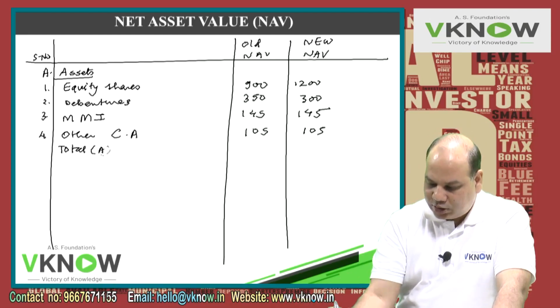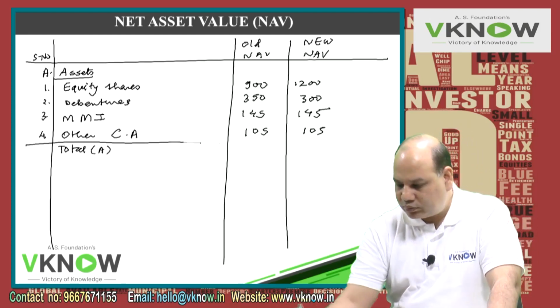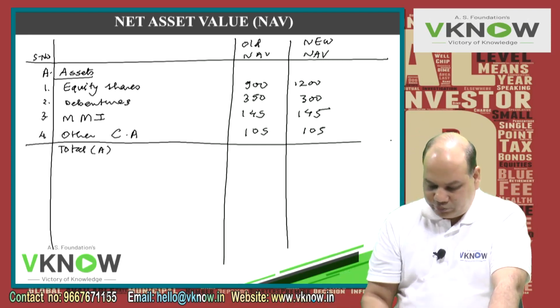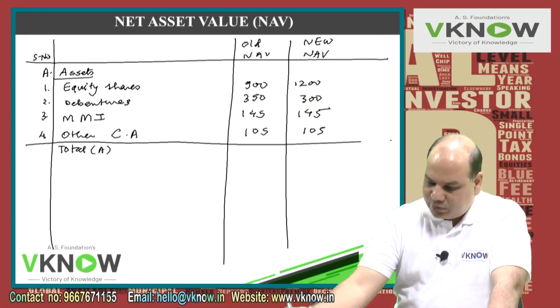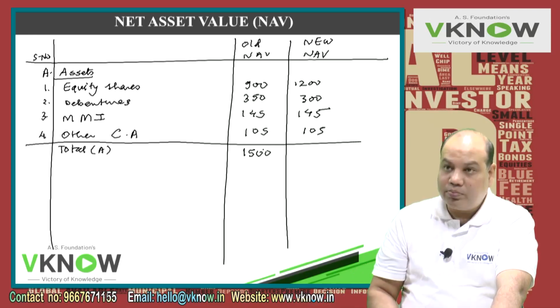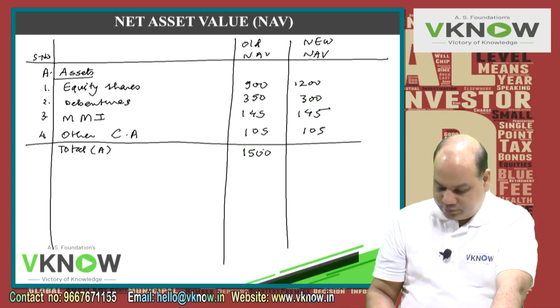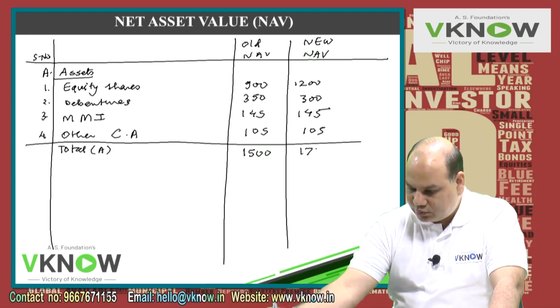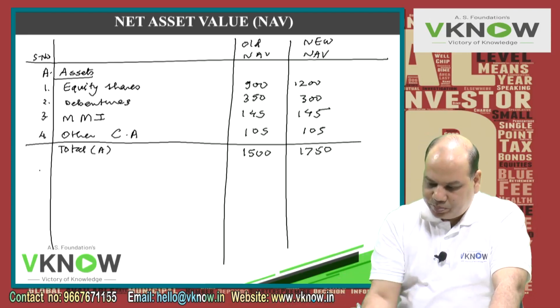Total of A. So what is the total of A? This one will be 1500 because I have not changed. Second one 1200 plus 300 plus 145 plus 105, 1750. Point B, write down liabilities.